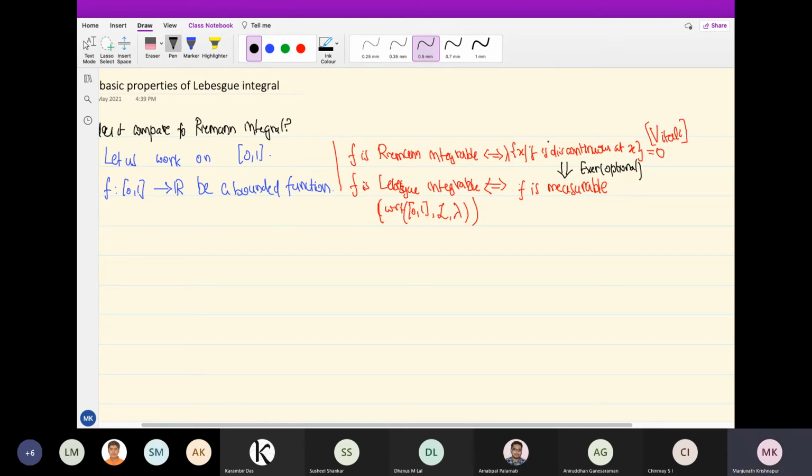If a function has a discontinuity set of measure 0, then it is measurable. For this it's important you take the Lebesgue sigma algebra, not the Borel sigma algebra, but that's fine. So what this shows is that many more functions are covered; Lebesgue integration is more general.